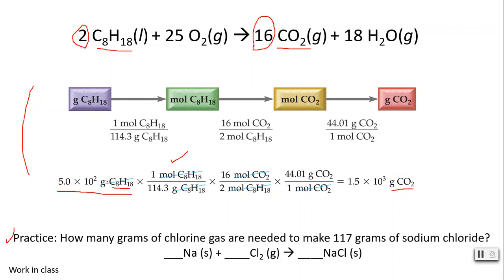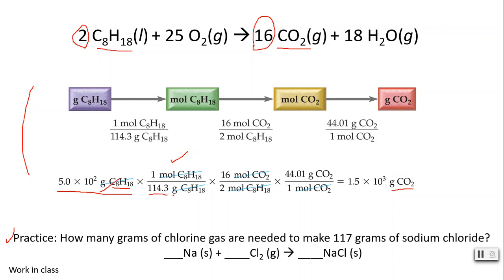I go from grams of C8H18 to moles of C8H18 through the molar mass of that molecule. So this 114.3 was 8 carbons plus 18 hydrogens. Each carbon is 12.01, each hydrogen 1.01. Add that up, you should get 114.3. There's that many grams in 1 mole of that molecule.